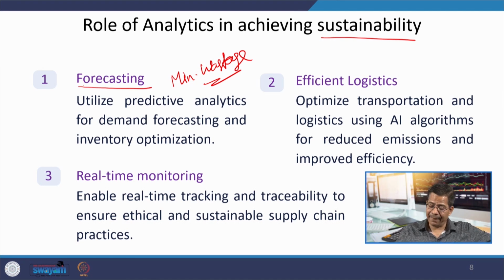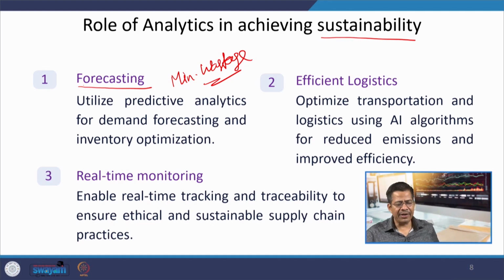Efficient logistics: because of burning of fuel in our logistics activities, a lot of emissions are happening, and if I optimize our transportation system, if I optimize our logistics which includes warehousing and transportation also, it is quite possible that I can minimize the emissions and improve the efficiency.